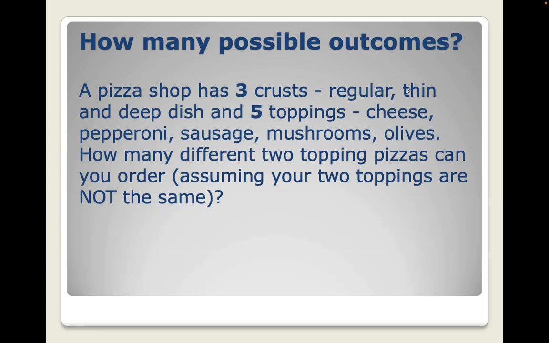How many possible outcomes exist in this scenario? A pizza shop has 3 crusts to choose from: regular, thin, and deep dish, and 5 toppings: cheese, pepperoni, sausage, mushrooms, and olives. How many different 2-topping pizzas can you order, assuming that your 2 toppings are not the same?